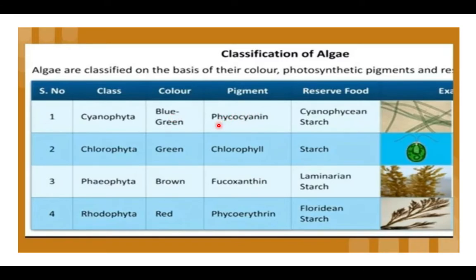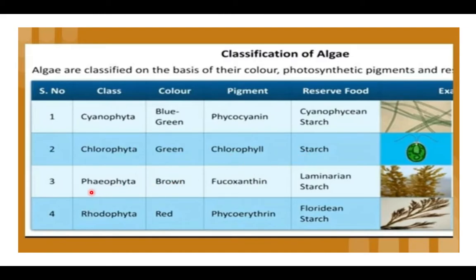The pigment present is phycocyanin, and they reserve food in the form of cyanophycean starch. Chlorophyta is green in color and contains a pigment called chlorophyll, and they reserve food in the form of starch.